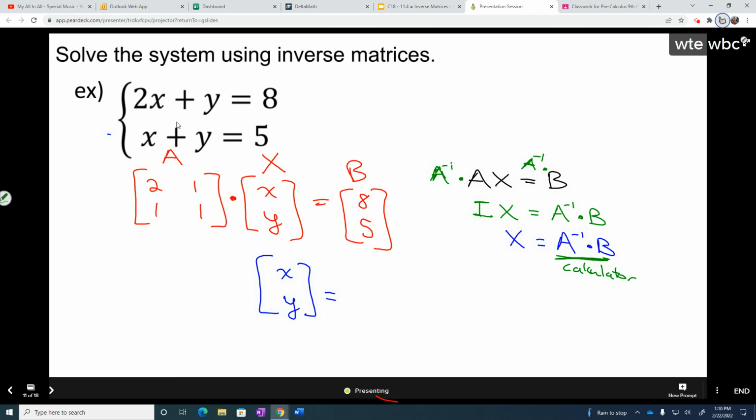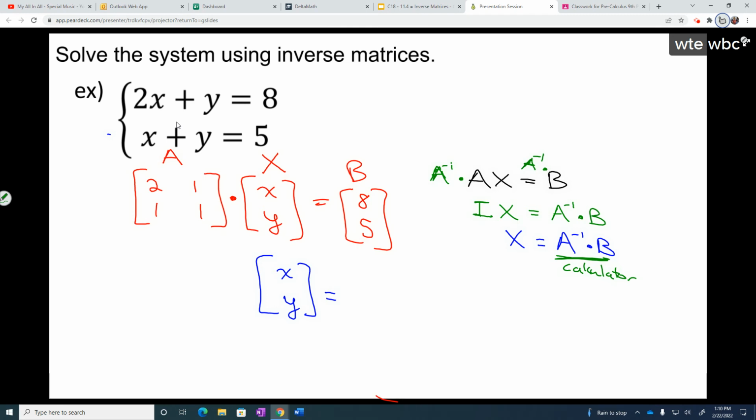And then we just do times and then second matrix, select matrix B, enter, enter. And that's our solution, A inverse times B. So 3, 2 is our solution.